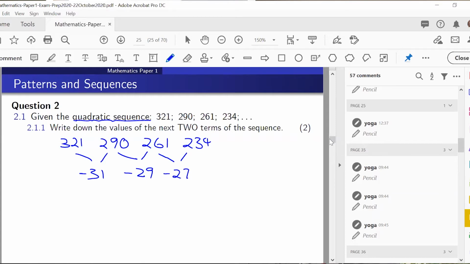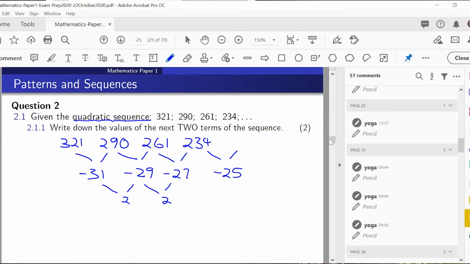So that tells us that if we are to move on, there is a pattern on these numbers. They've got a common difference of 2. Which means that the next difference would be minus 25. That is the number that we're expecting.